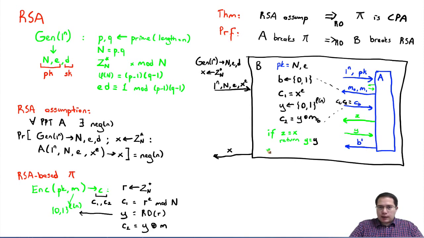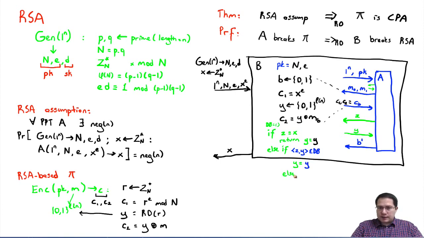Now, otherwise, we have two options. As we do for a random oracle, we check that if we have already a z-y combination in our database, then what we do is we set this green y we are going to send to the adversary as this y value in our database.